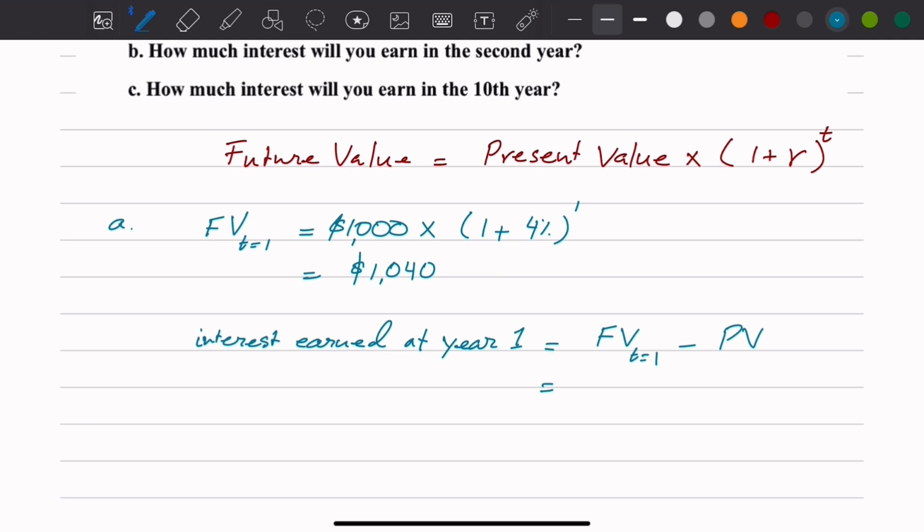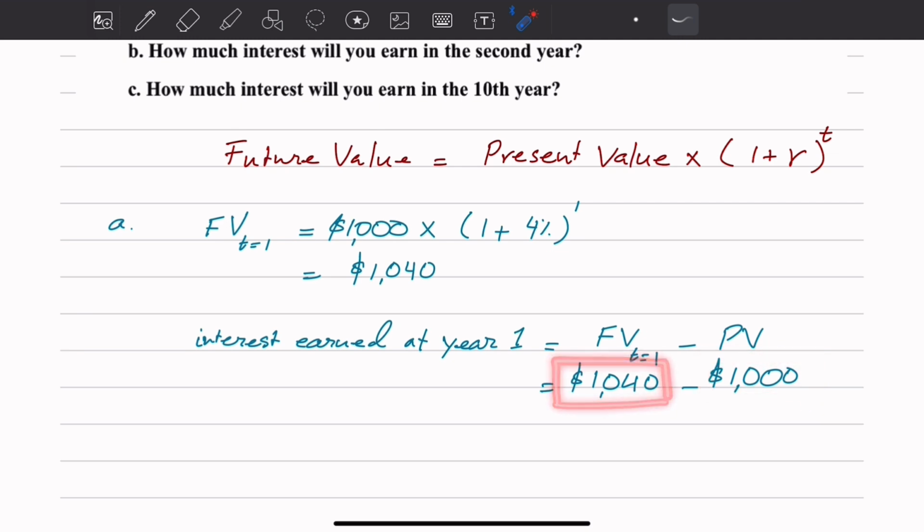Okay, so that's going to be $1,040 minus the principal, which was $1,000. So the amount at the beginning of the year was 1,000. At the end of the year, it had grown to 1,040. So from there, we can derive that the interest was the difference, which is $40. Okay, so that's the answer to the first part, part A.